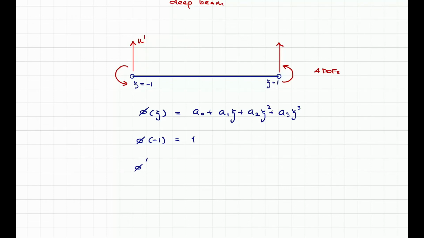Phi prime at minus 1, that is d phi dc evaluated at minus 1, equals 0 because we do not expect rotation.